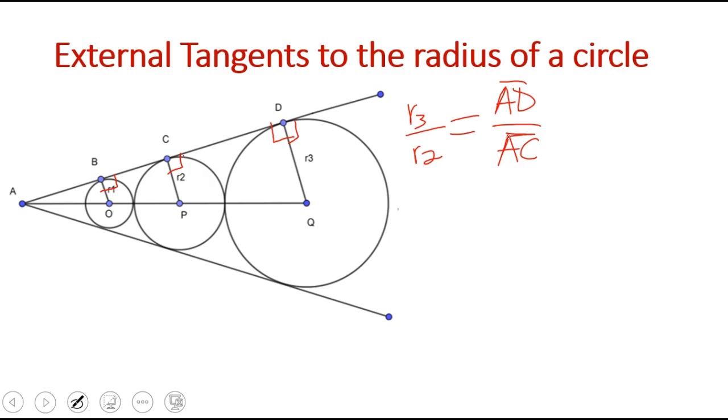Okay, so that's how to set up the proportion. If you're using the small one, the same thing, AB over AD is going to equal radius 1 over radius 3, and so forth.